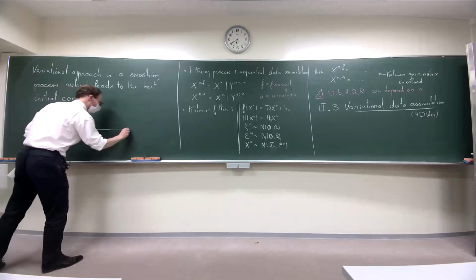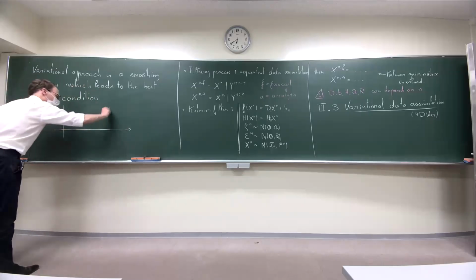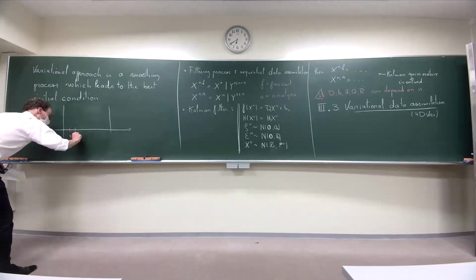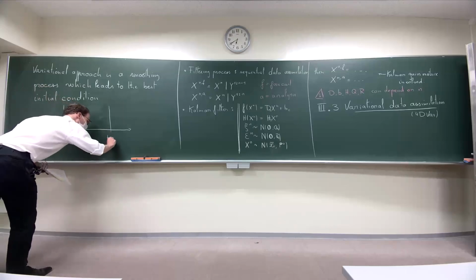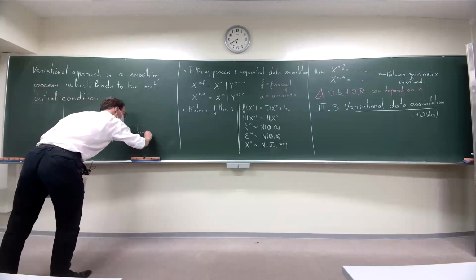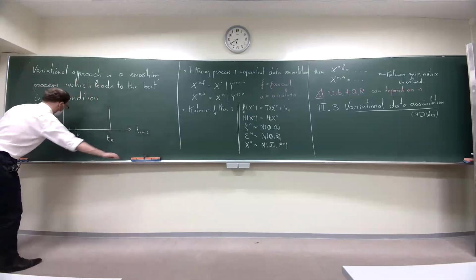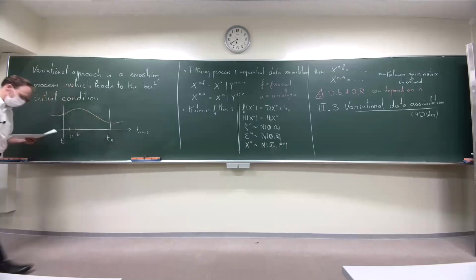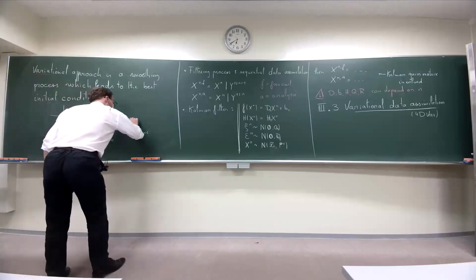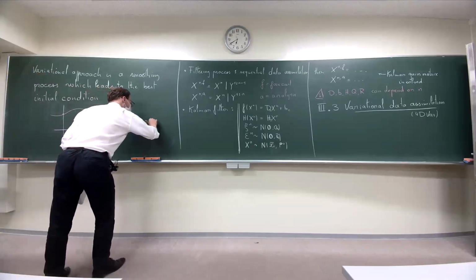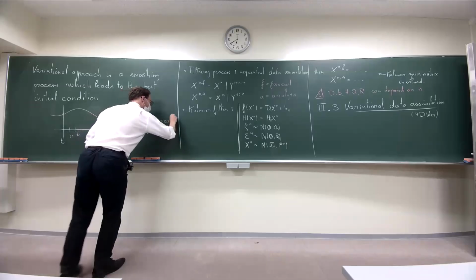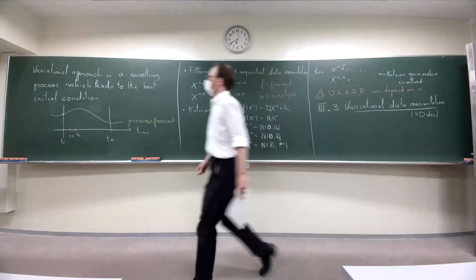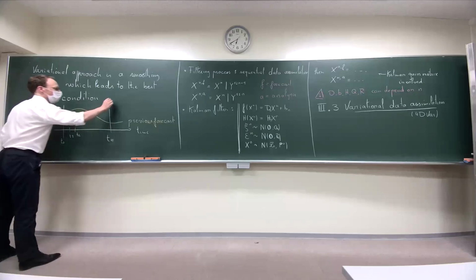And I did already a picture like this. Let's say this is T0, T1, T2, up to a certain Tn. We have the time here. Suppose we have this is the previous forecast. We had a previous forecast. Now we are here.